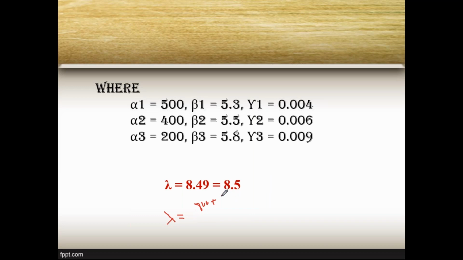So here beta 1 is 5.3 divided by 2 gamma 1, 0.008, plus 5.5 divided by 0.012, plus 5.8 divided by 0.018, and so on.